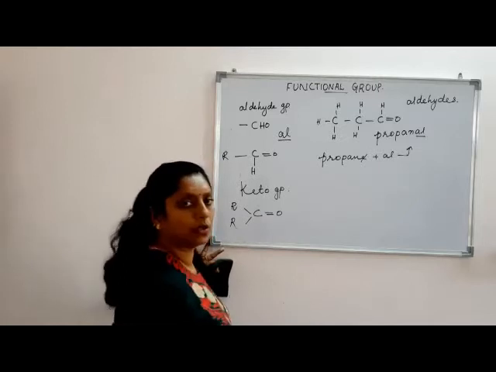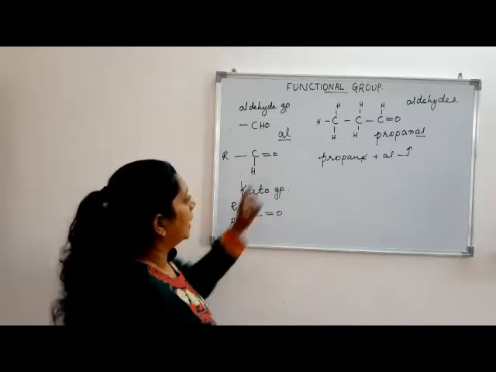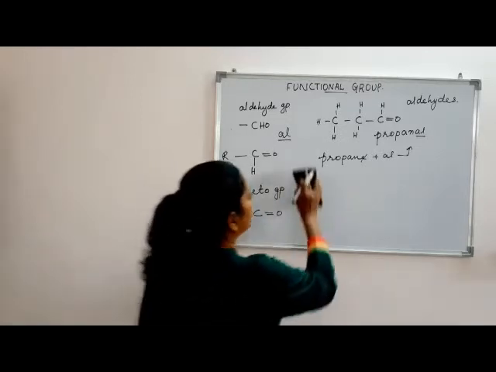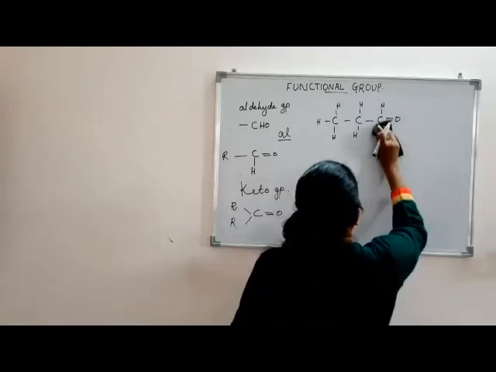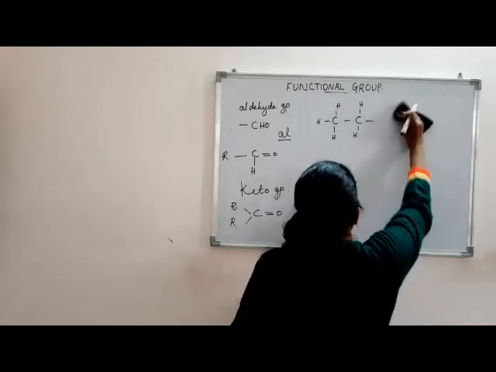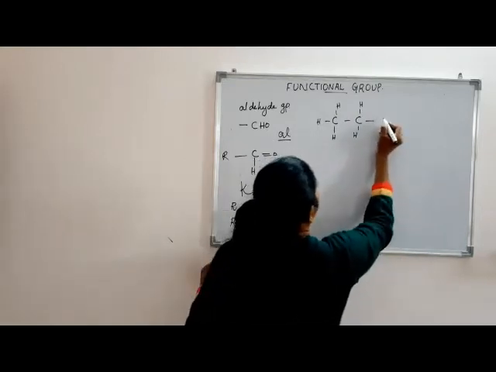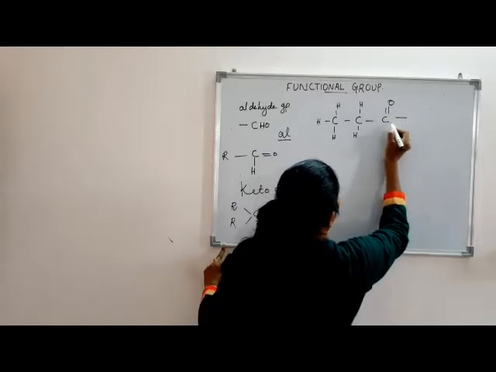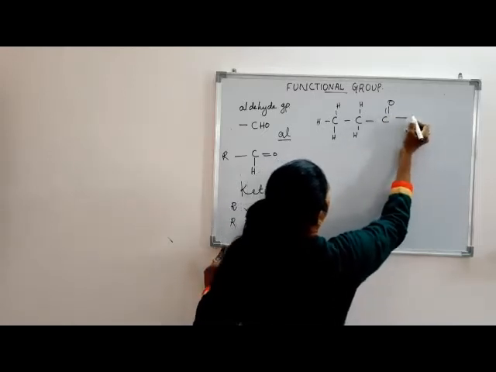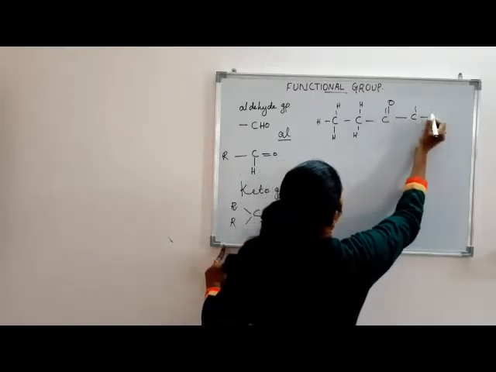So when a keto group comes in the hydrocarbon chain, such compounds are called ketones. Like this keto group, C double bond O, and again 1, 2, 3 and 4. Here CH3.